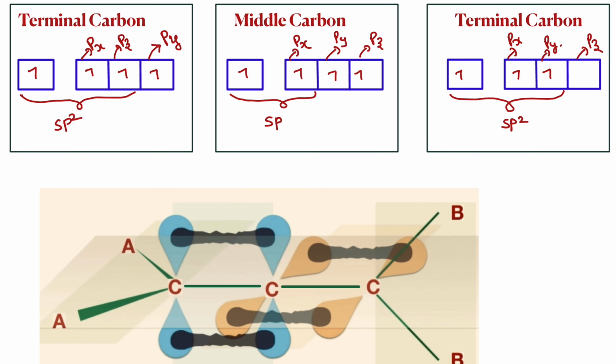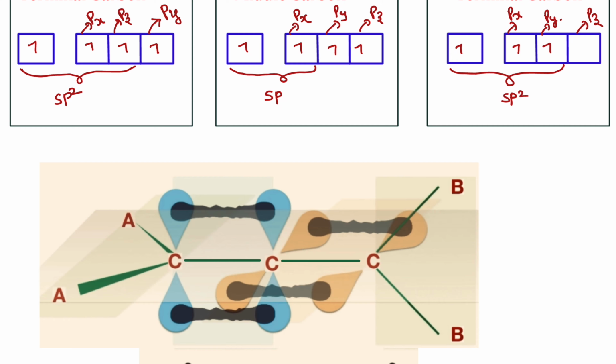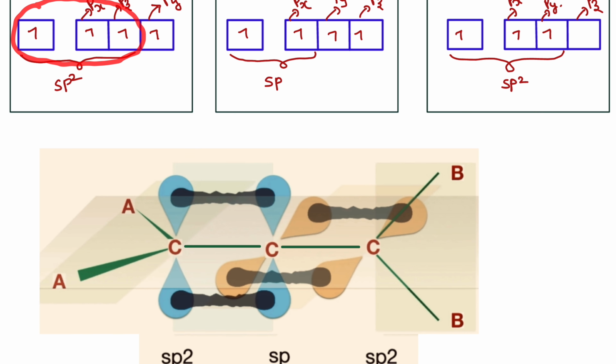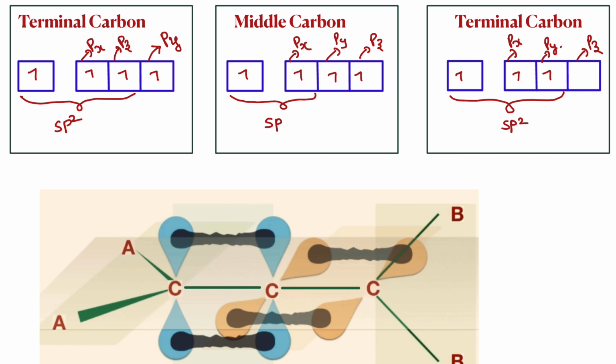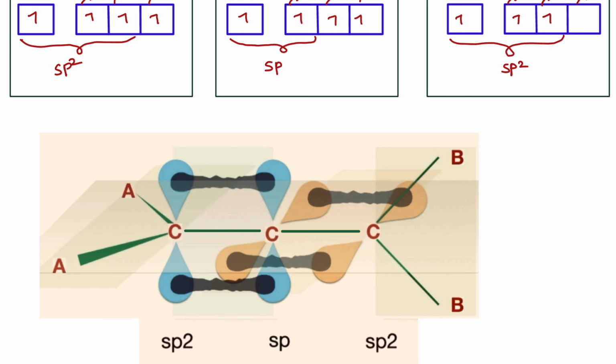Now if you carefully observe, this terminal carbon has totally 3 hybrid orbitals, and these 3 hybrid orbitals will form sigma bonds. These are the 3 sigma bonds. This terminal carbon has utilized px and pz orbitals, therefore its sigma bonds are in the xz plane.